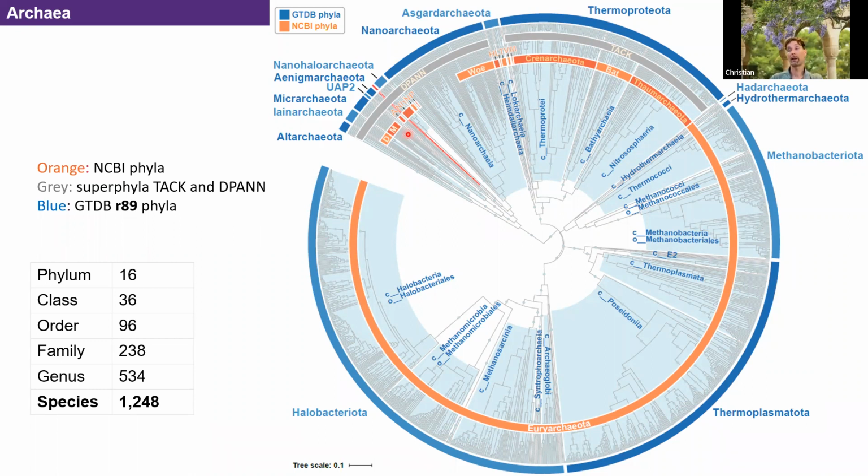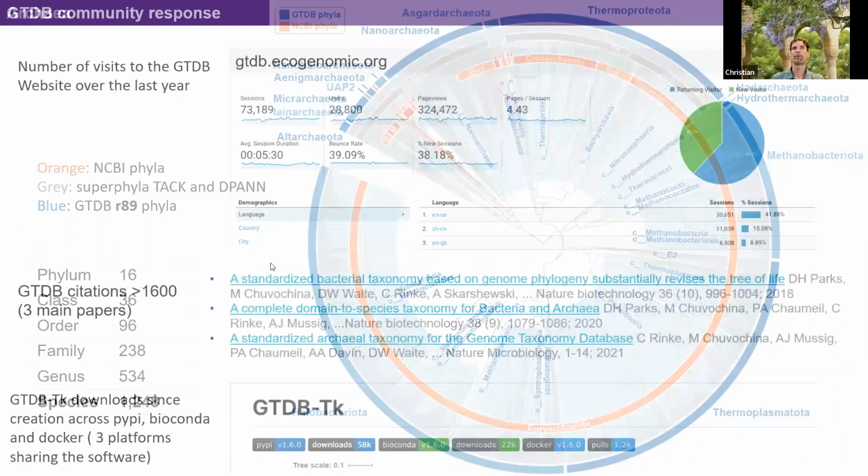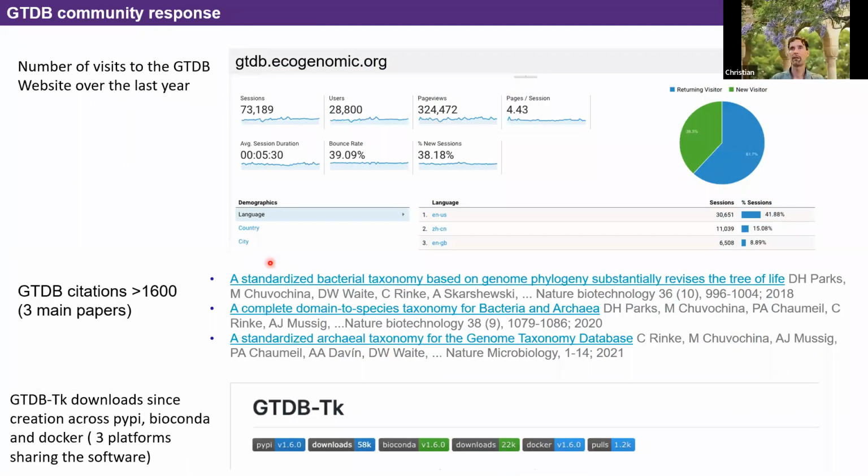Okay, so that is how we initially started the GTDB taxonomy database, based on this as an example. How we're doing right now, that is already outdated. I should update this slide, but last year we had about 30,000 users and about 300,000 page views.